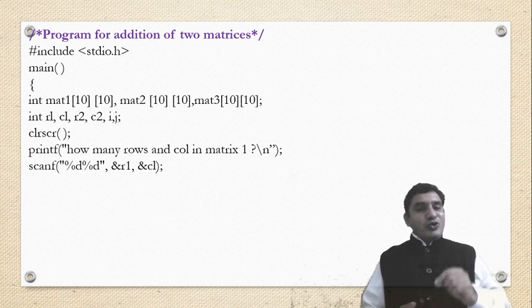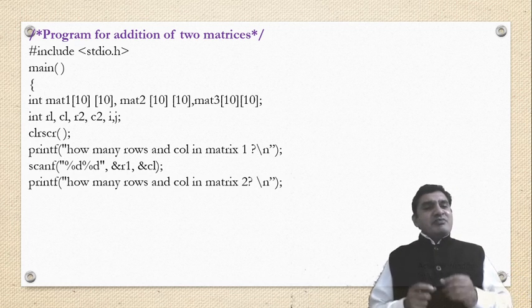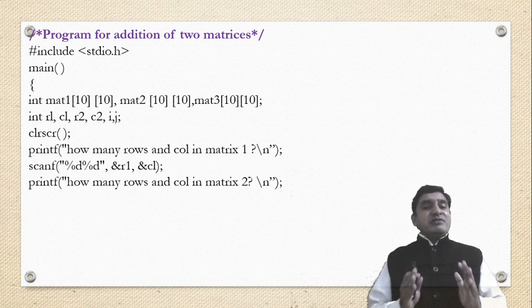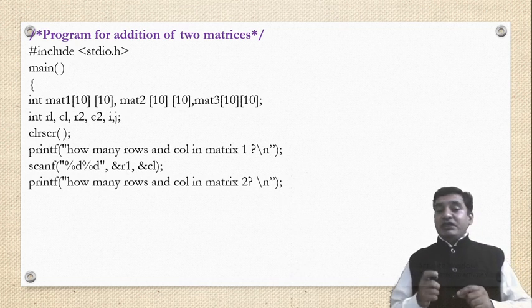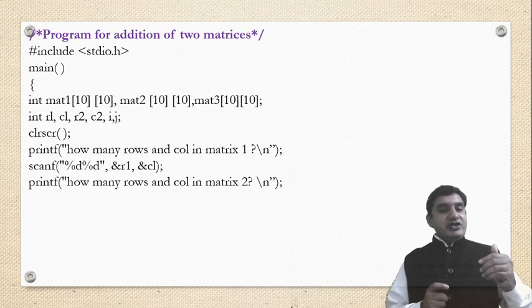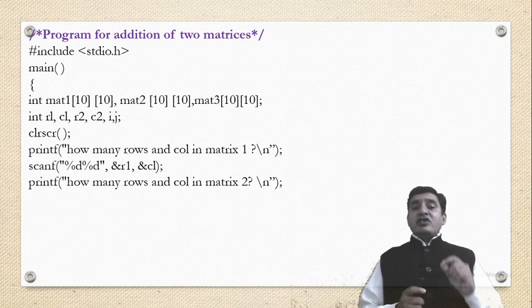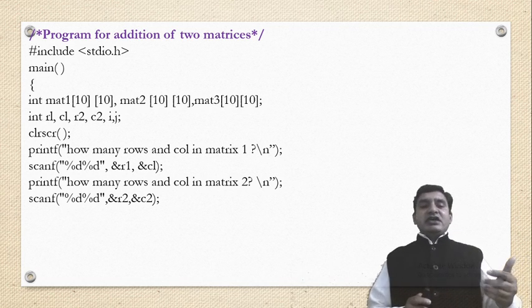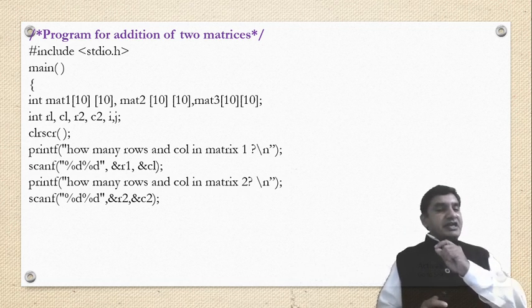Now we have to enter the number of rows and number of columns of the second matrix. So the message displayed on the screen by using the printf function is how many rows and columns in matrix second. This is the output function used to display the message on the screen. Now we have to enter the number of rows and columns of matrix second.